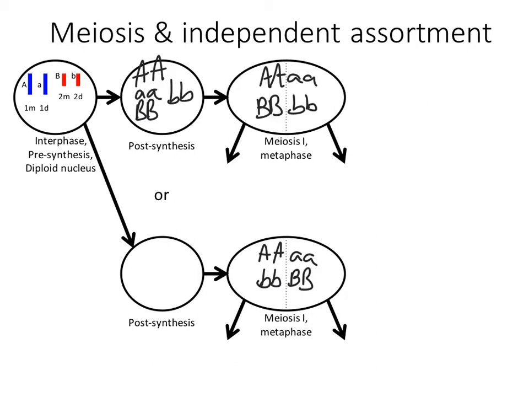Half the time, the big A's and the big B's will segregate together into one daughter cell. The other half of the time, the big A's with the little b's, and therefore the little a's with the big B's, like is drawn on the bottom up here. So half of the time meiosis happens, you get the arrangement on the bottom, the other half, the arrangement on the top, by chance.